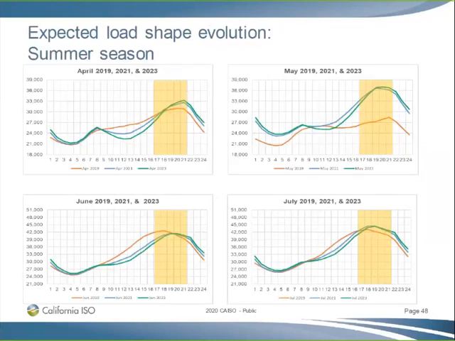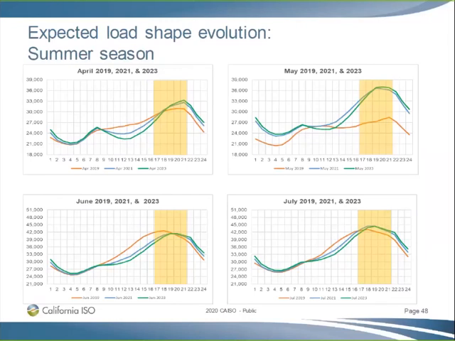Taking a look at the summer months, April through July, the 2019 observations on these plots are the orange lines, and then we have the subsequent forecasts for the years 2021 and 2023. The availability assessment hours on the plots are highlighted by the yellow 5-hour blocks that you see here.